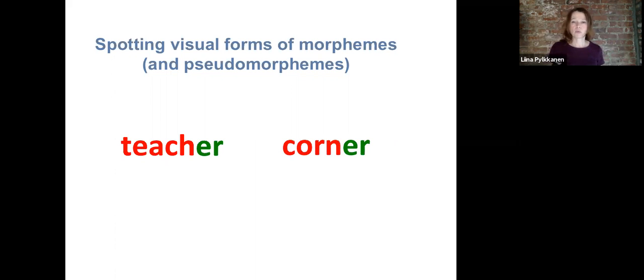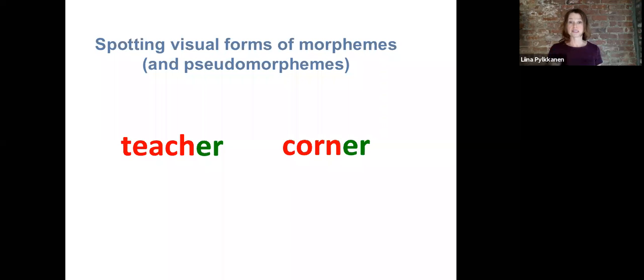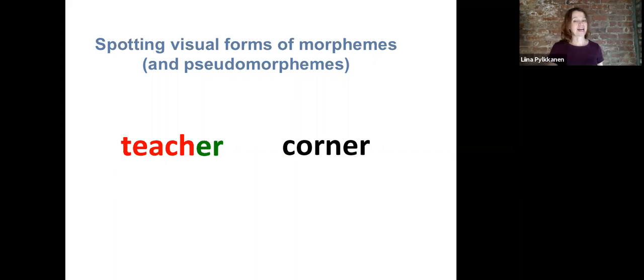But then at some point, your language system tells you that teacher is in fact someone who teaches, but corner is not someone who corns. So the analysis of corner as someone who corns has to be canceled out. It could also be the case that you have parallel activation of the whole form corner and the decomposed form.